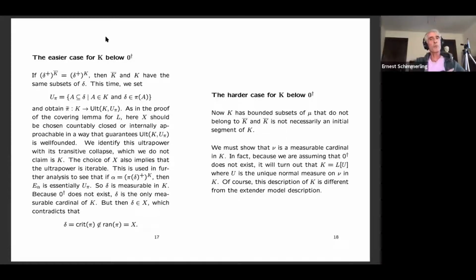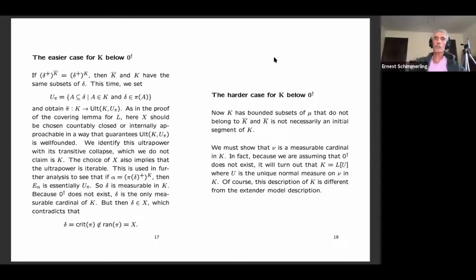So remember, if you assume zero dagger doesn't exist, then you can have a measurable cardinal in K. You just can't have any indiscernibles for it. So you can't get the next mouse. You can't get some kind of next approximation to a second measurable cardinal. It just looks like L after you construct after you get to the measurable cardinal.